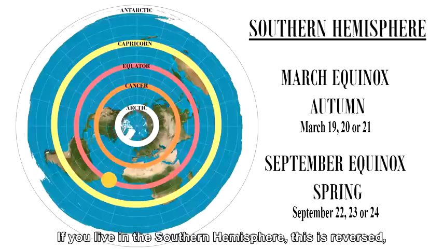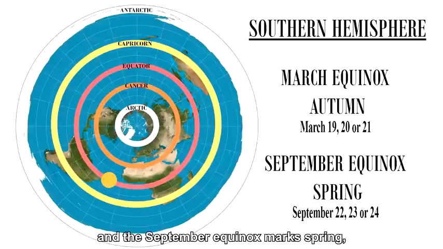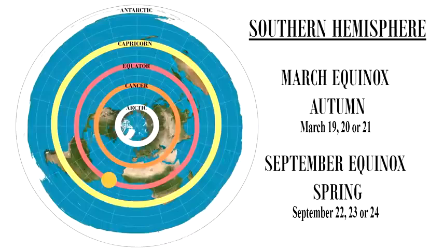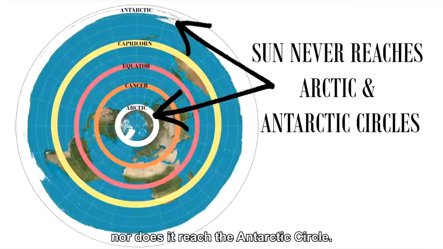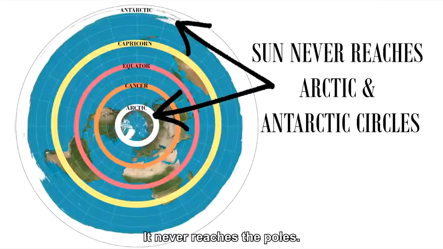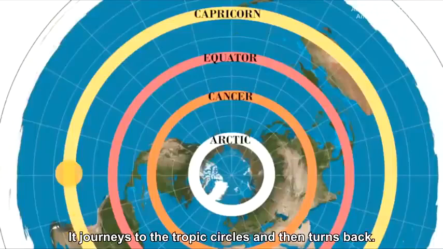If you live in the southern hemisphere, this is reversed, and the September equinox marks spring, and the March equinox autumn. It is important to note that the Sun never reaches the Arctic Circle, nor does it reach the Antarctic Circle. It never reaches the poles. It journeys to the tropic circles and then turns back.